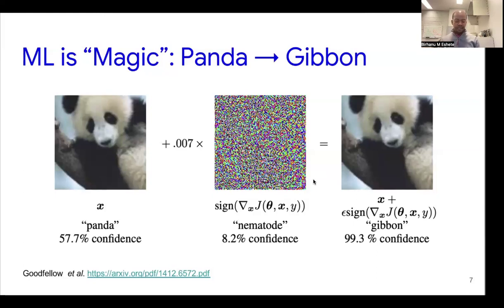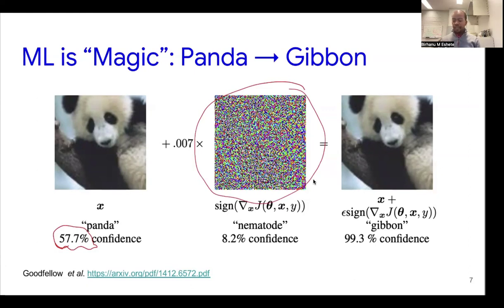So here is the classic example of a panda misclassified as a gibbon. As you can see on the left, the panda was classified correctly with 57.7% probability or confidence of the model. And then there is this noise that is added here. For now, you can imagine that this is a slight modification of individual pixels of the panda picture in a visually imperceptible way.